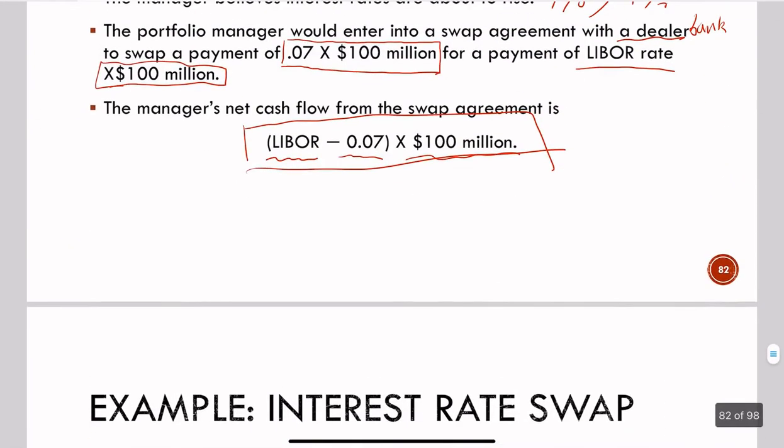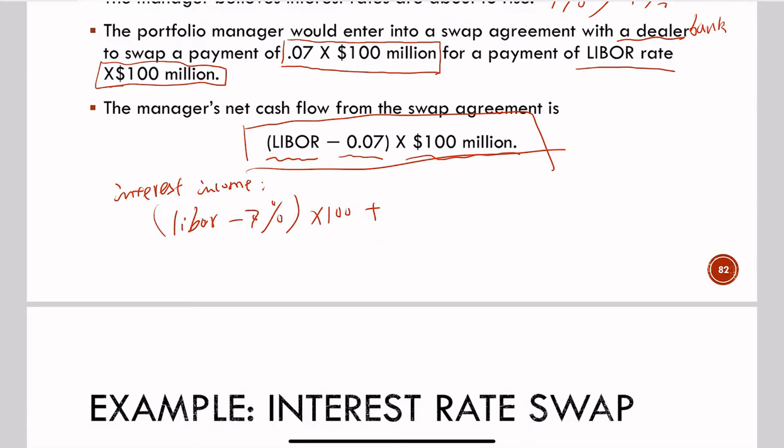To put it simply, your interest income would be your net gain plus 7% times 100 million.